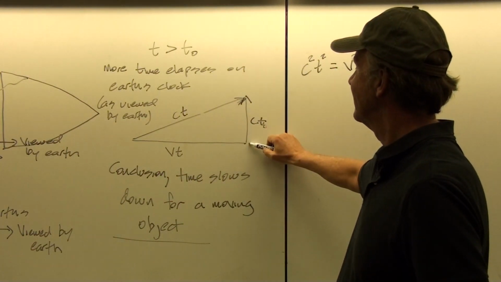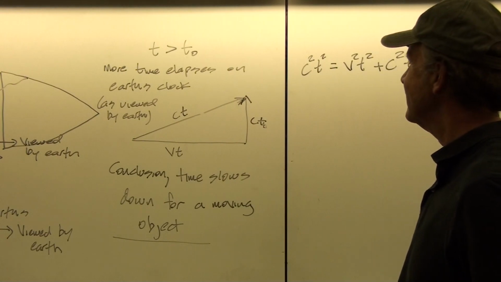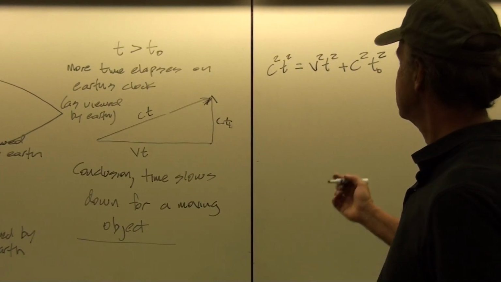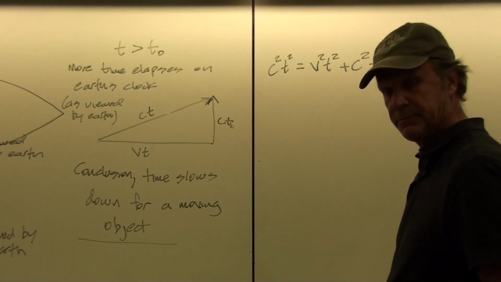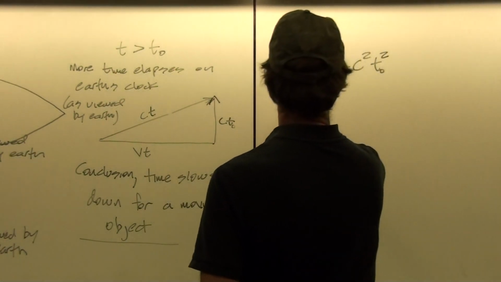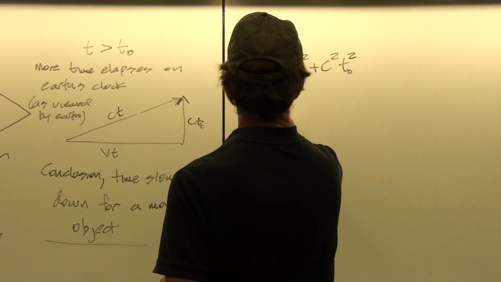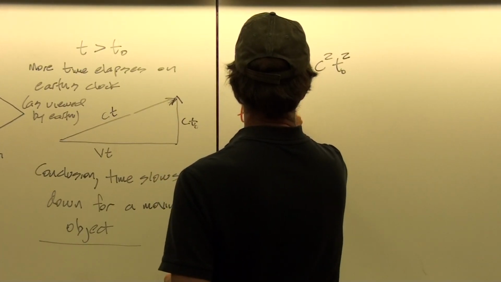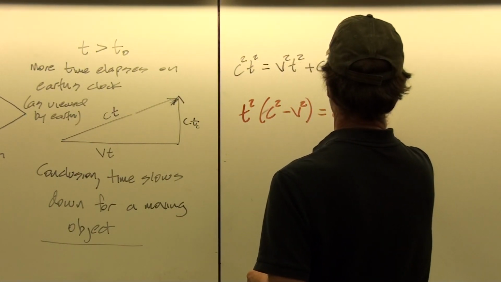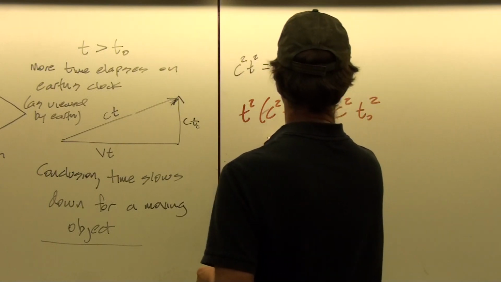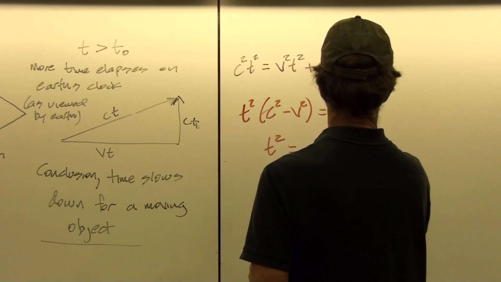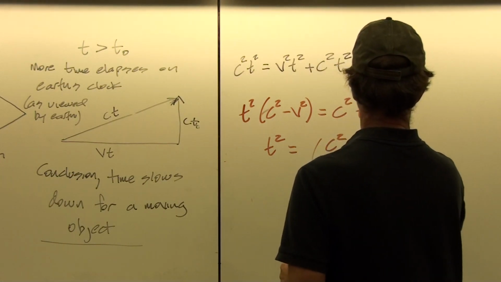The only thing that the light beam is doing is moving across the rocket from the rocket's point of view. And so this allows us to solve for t in terms of t naught. When we do that, we get t squared times (c squared minus v squared) is equal to c squared t naught squared, or t squared is equal to c squared divided by (c squared minus v squared) times t naught squared.